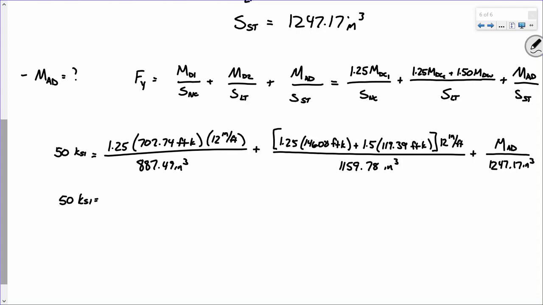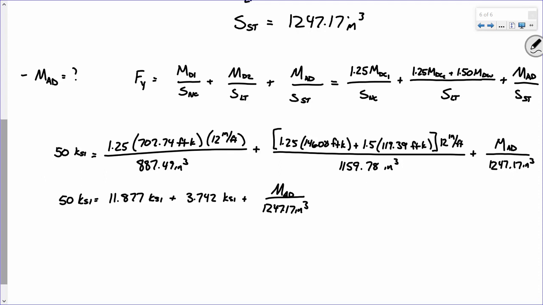There we go. So 11.877 plus whatever's going on there, what do we get? 3.742 KSI plus something over 1247.17. That's a little easier to handle, isn't it?